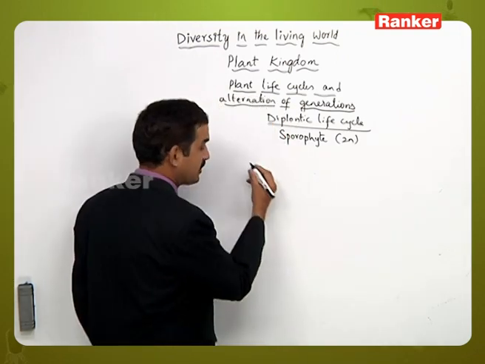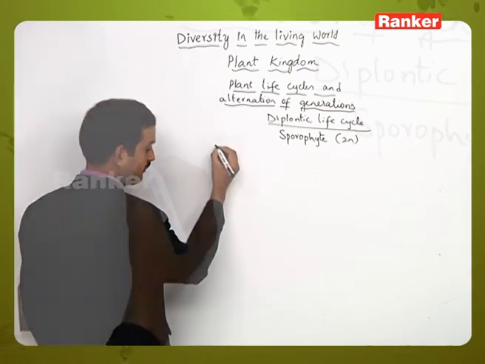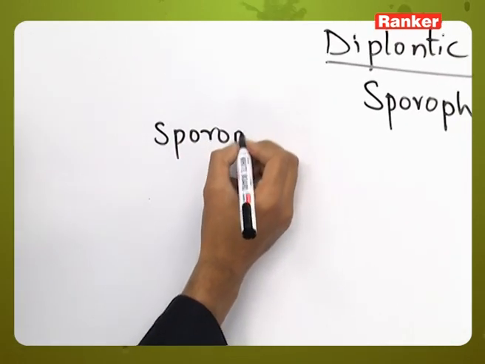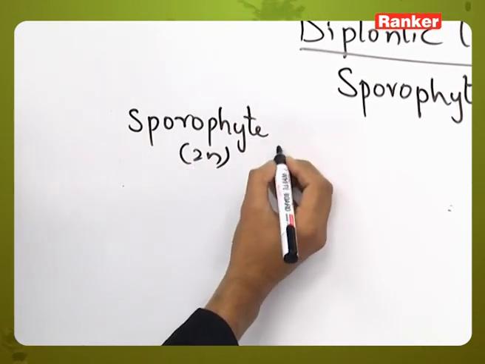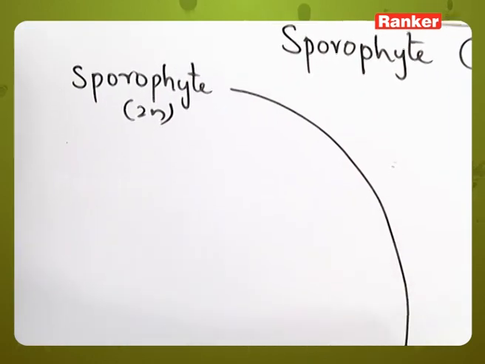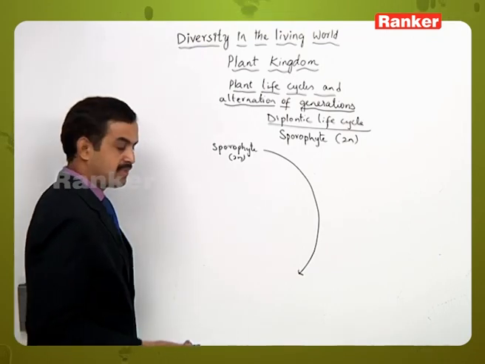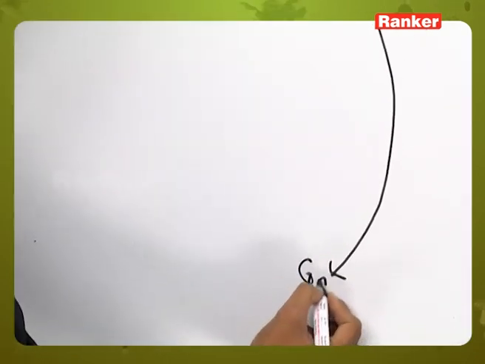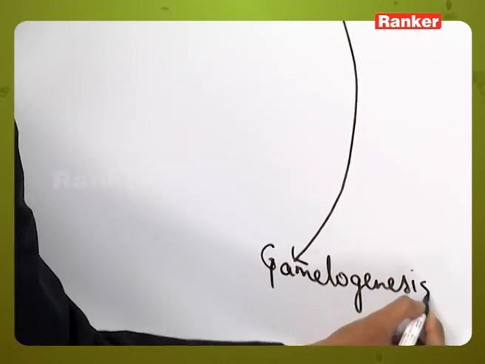And here if you see the life cycle pattern, starting with the sporophyte, which is diploid in its nature, this sporophyte will produce the gametes by a process called gametogenesis.